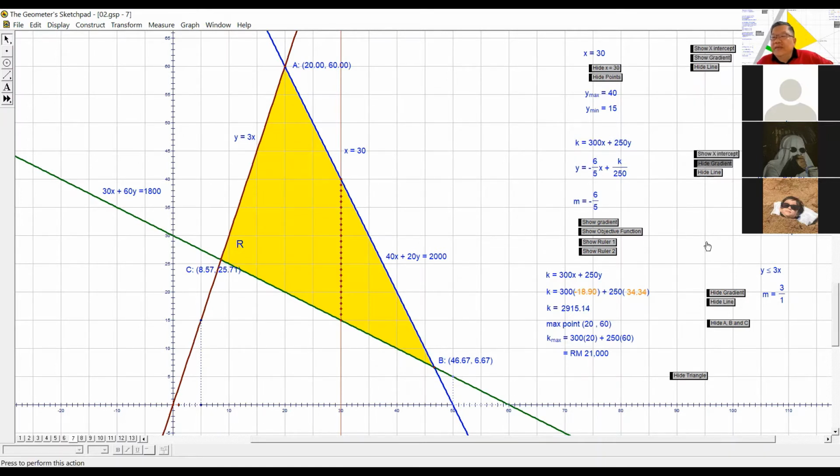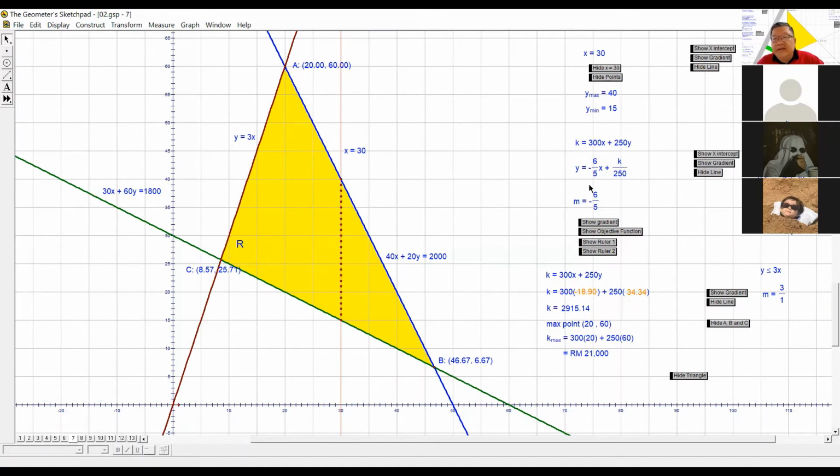I want to maximize the profit, 300x and 250y. But because the actual profit is not known, I cannot draw this line. So I change to gradient form, which is negative 5 over 6x plus k over 250.